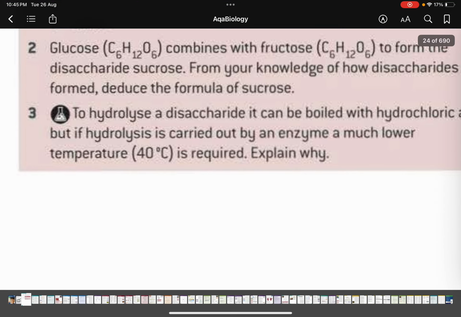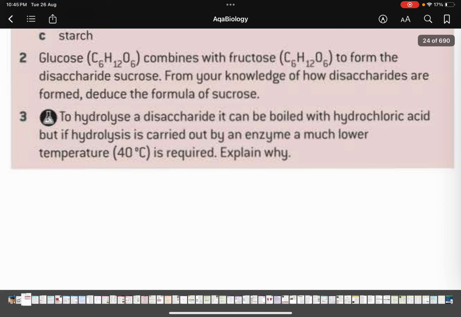To hydrolyze a disaccharide, it can be boiled with hydrochloric acid, but if hydrolysis is carried out by an enzyme, a much lower temperature, 40 degrees Celsius, is required. Explain why. First of all, you might be wondering how hydrolysis is carried out by an enzyme. Well, you know how we learn about our digestive system, and how, for example, maltase is used to break down maltose into the constituent glucose monosaccharides.